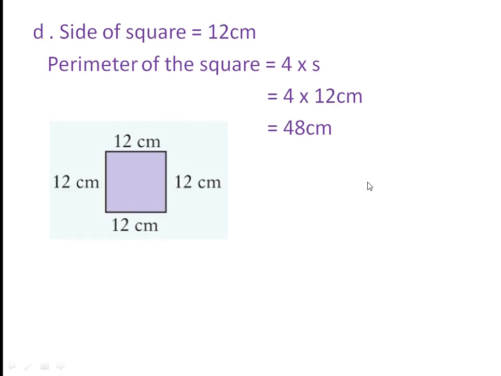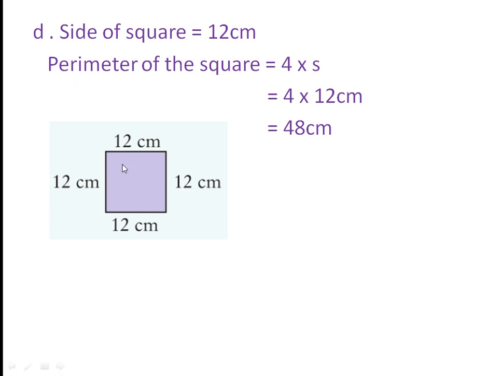Next, the problem. See, here also a picture is there. All the sides are equal, 12 centimeters. Then what is this picture? Four sides are equal, so this picture is a square. Now we find out the perimeter of the square.